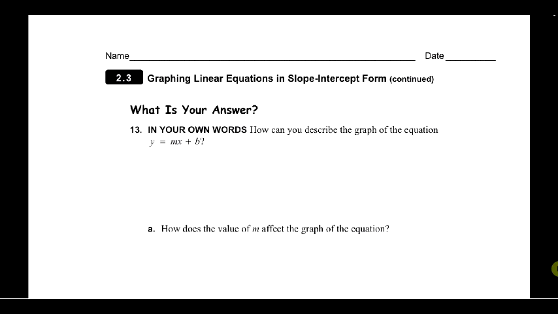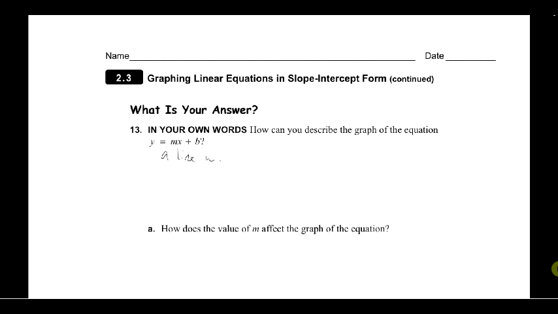All right, got a little bit of writing here to sort of wrap up what we learned, what we discovered. This asks us, how can we describe the graph of an equation? Well, the equation y equals mx plus b. Notice there's no exponents, so we know that it's going to be a line. So a line. And we know that the slope is going to be whatever letter m is.